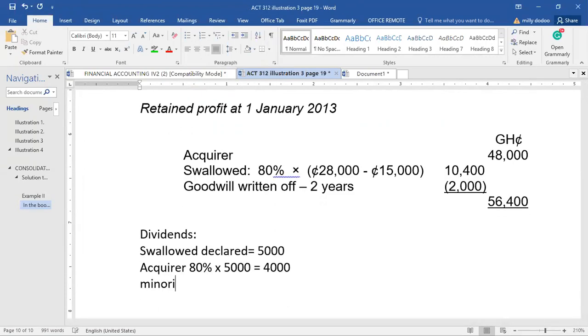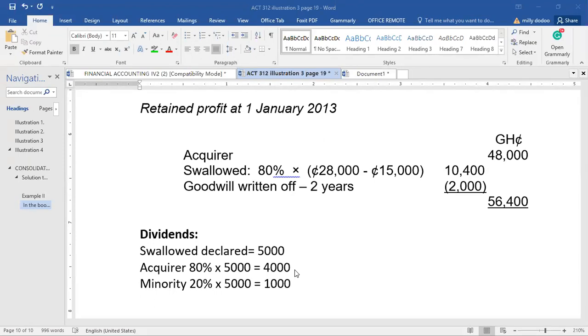Then minority will be 20% of 5,000, which is 1,000. So therefore, the dividend declared by Swallowed is shared in this proportion.